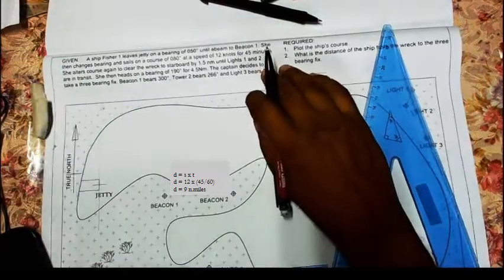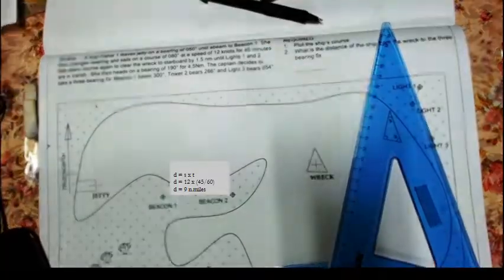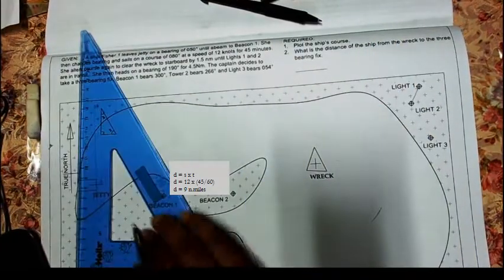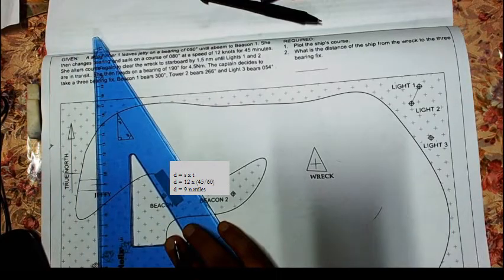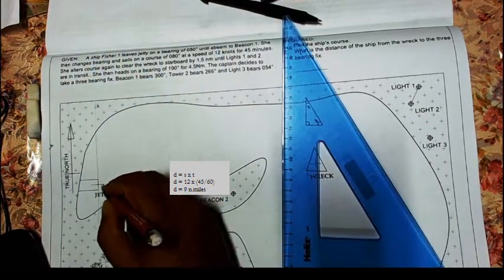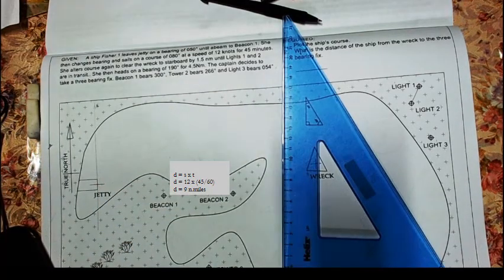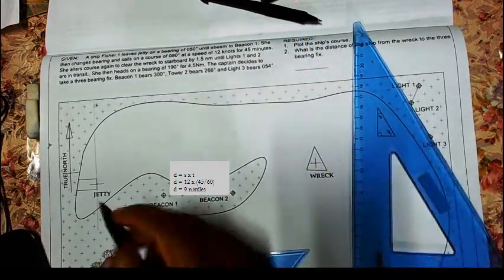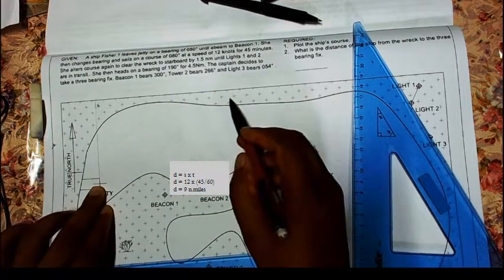We're going to draw the first leg. It says the ship Fisher 1 leaves jetty on a bearing of 50 degrees until abeam to beacon 1. What you will do first, we will transfer the true north here on the jetty. This time we don't have a small cross here, so we will start directly from the jetty. Once we have transferred our true north there, we are going to measure an angle of 50 degrees and draw a line.